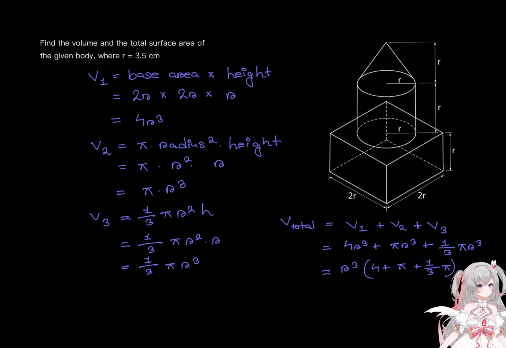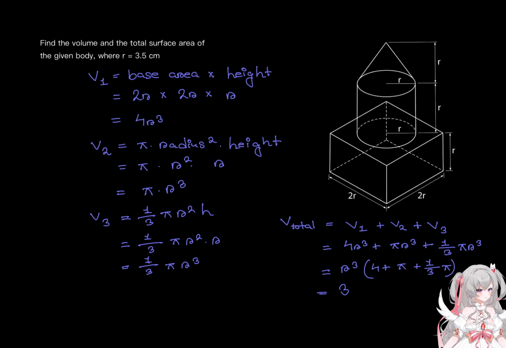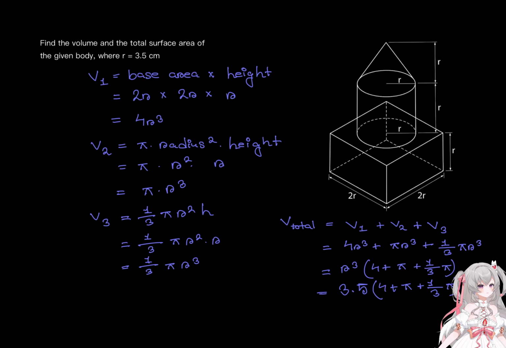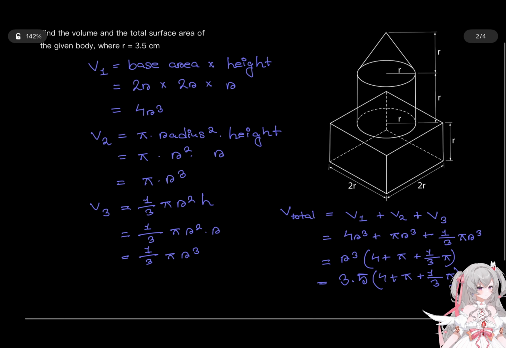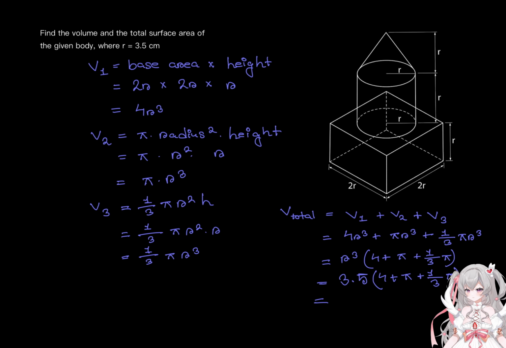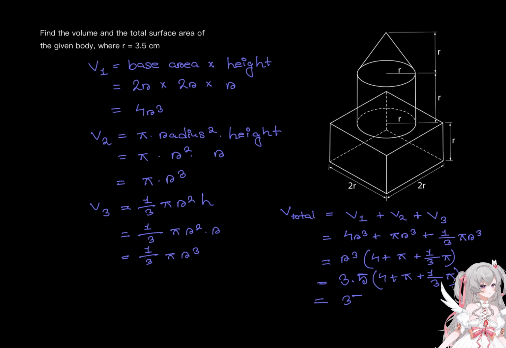And we are given that the value of r is 3.5 centimeters. So if we put 3.5 here, then we get 3.5 cubed multiplied by 4 plus pi plus 1/3 pi. Calculating with a calculator, we get the result to be 351.09 centimeters cubed.